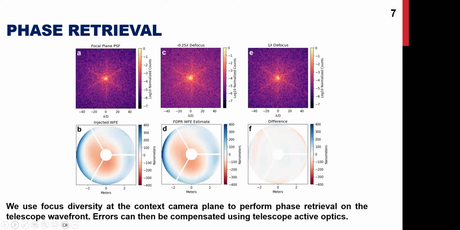With this defocus diversity, we can run a phase retrieval algorithm. In our case, we use algorithmic differentiation along with a nonlinear optimizer to estimate our wavefront error. With that estimate, we send the defocus and coma modes to M2. M2 corrects for defocus and coma, and the leftovers we send to M1, and M1 bends out those higher orders.